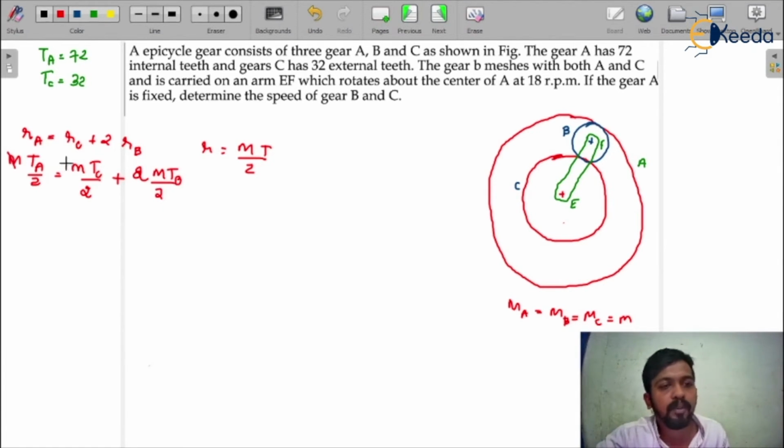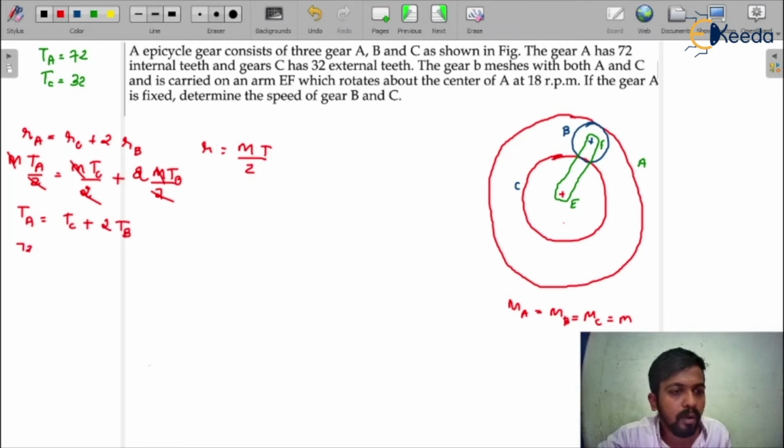Now M and 2 cancel out, and the remaining equation is TA is equal to TC plus twice TB. In the question TA is equal to 72, so 72 is equal to 32 plus twice TB.